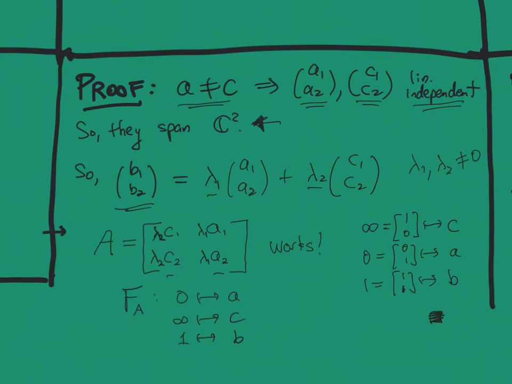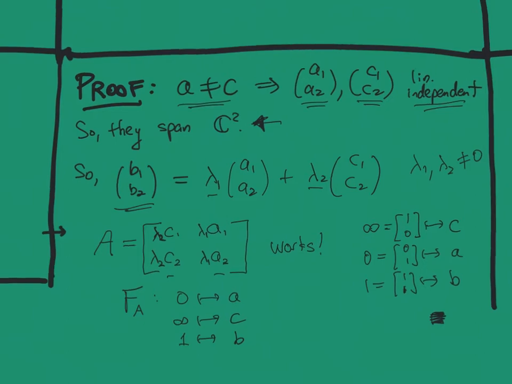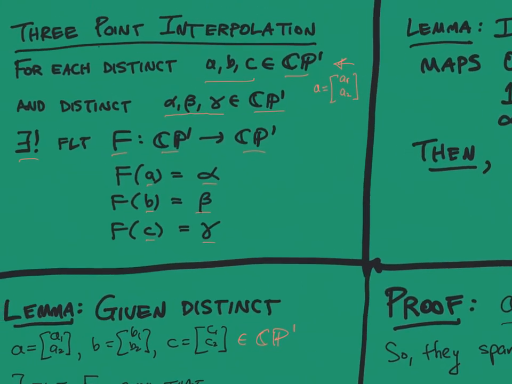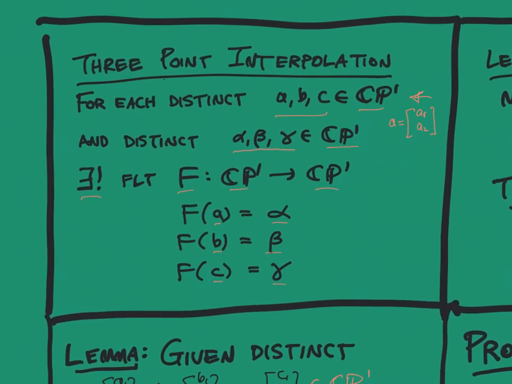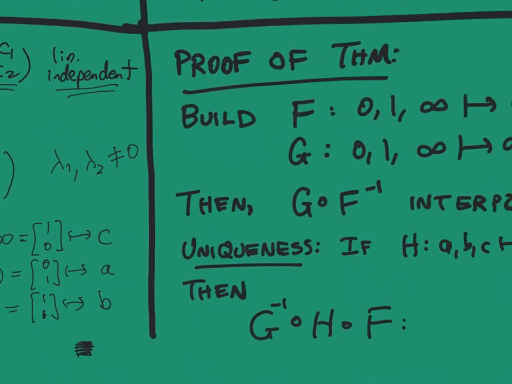So with these two lemmas in place, it's pretty easy to prove the main theorem. Recall what was the main theorem? We have 3 distinct points, A, B, C, and 3 other distinct points, alpha, beta, gamma, and we want to show there's a unique fractional linear transformation that interpolates them. So the proof based on these two lemmas is pretty easy.